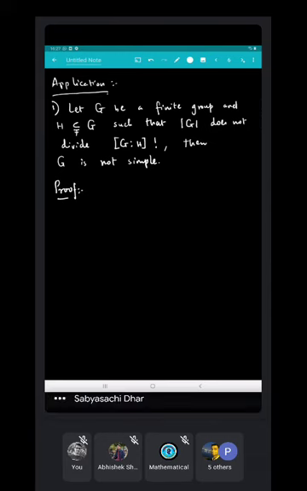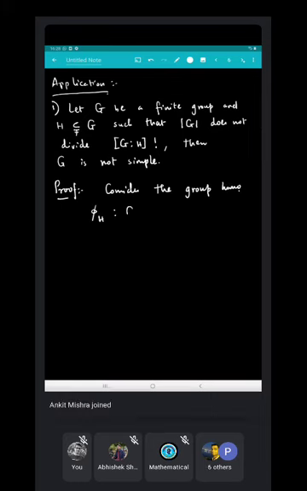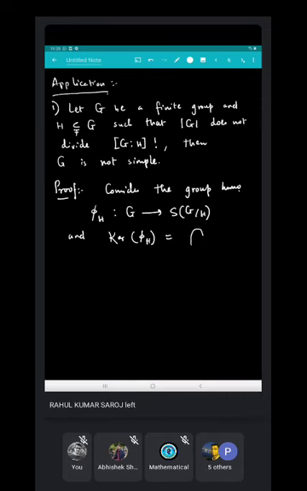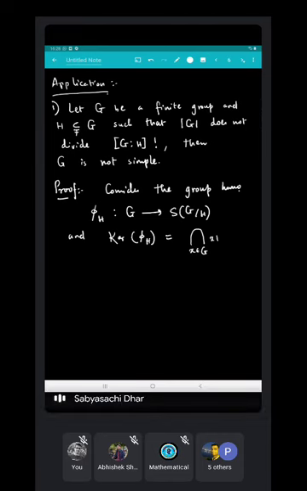So consider the group homomorphism phi_H from G to S of G mod H, and the kernel of phi_H is equal to the intersection of x H x inverse over x belonging to G. This is by Cayley's theorem.